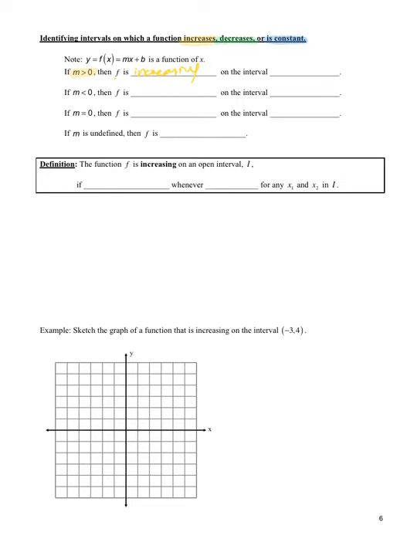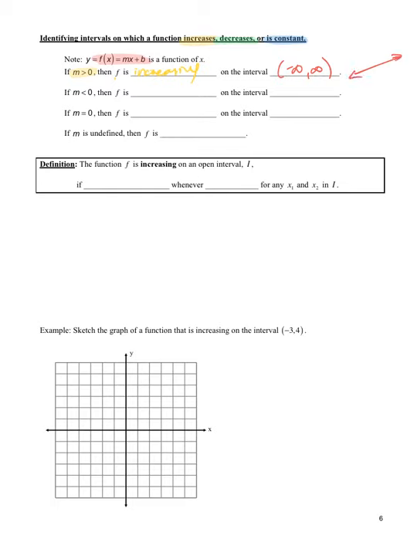And right now we're only talking about linear functions. There's a little bit more to it when the function's nonlinear, but I'm talking about linear functions. We say that the linear function is increasing on the open interval negative infinity to positive infinity if the slope is greater than 0. So that means it's going up.